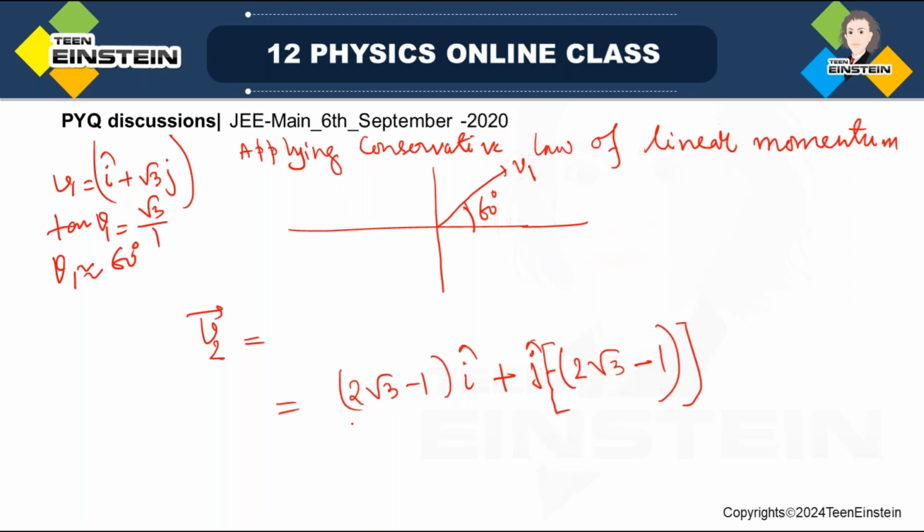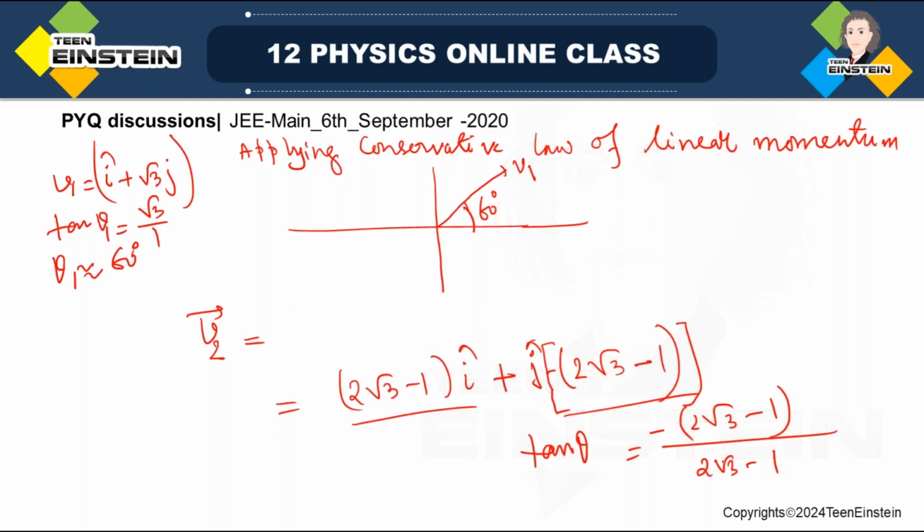Now I have this vector. So you look here, tan theta will be minus 2 root over 3 minus 1. So this is indicating theta must be minus 45 degree.